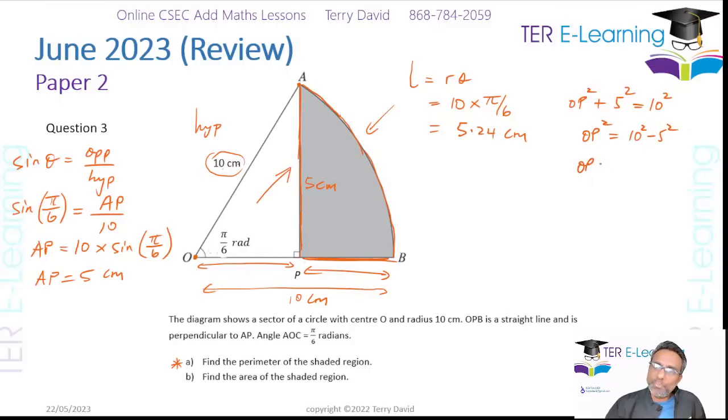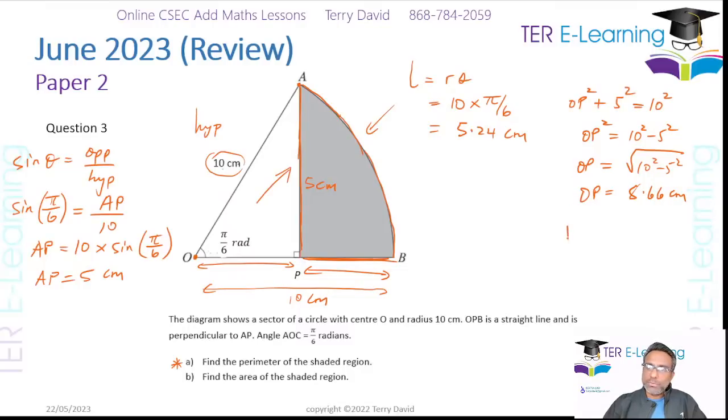So the length OP is equal to the square root of 10 squared minus 5 squared. So you see, I told you the question looks easy, but it's not that simple. 100 minus 25, second function, square root. You're getting about 8.66. Right? So that is OP.